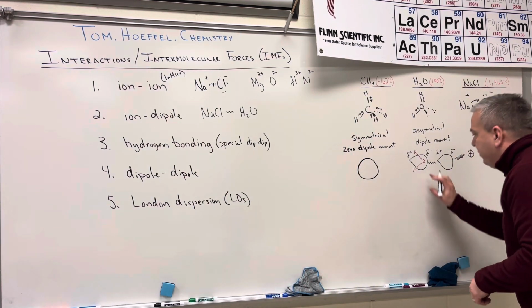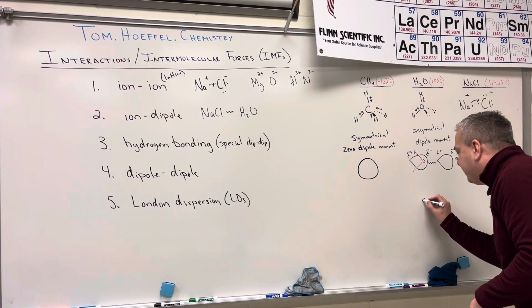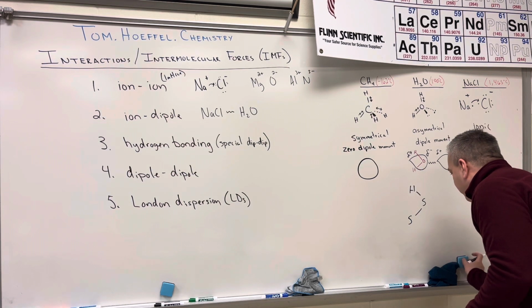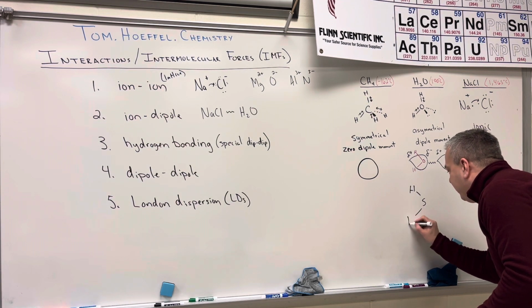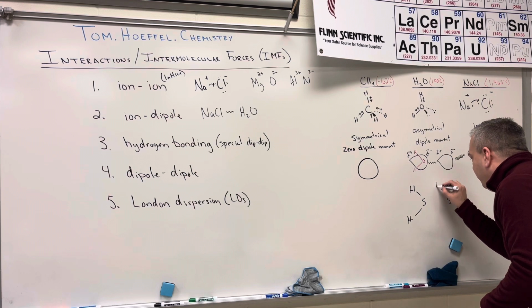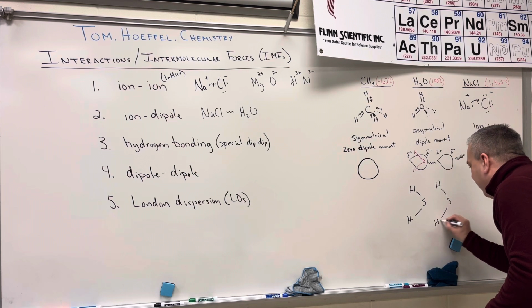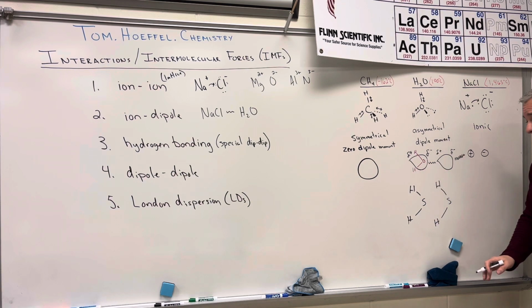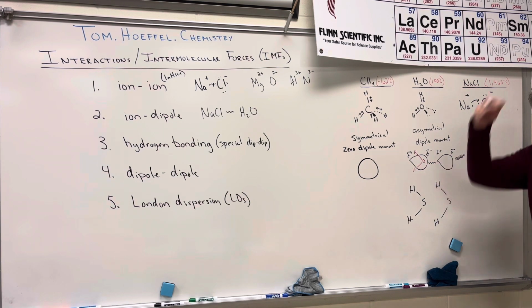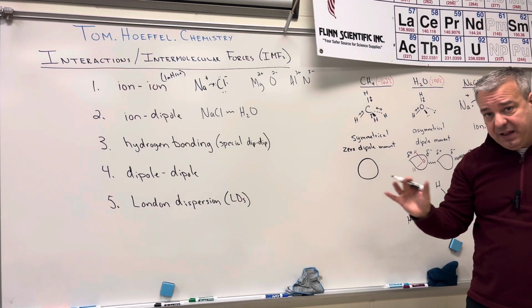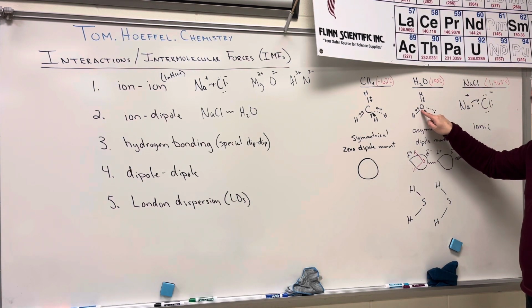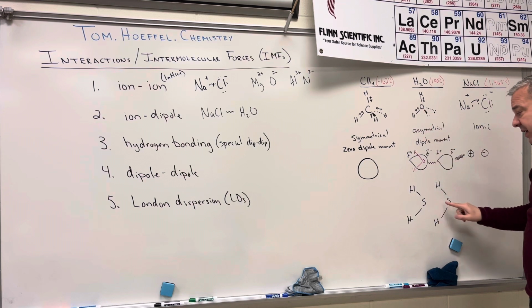I'm going to do H2S instead, because we're going to have that molecule here with this molecule here. Now, H2O and H2S look exactly the same. In fact, S and O are in the same column, so they have the same number of valence electrons and everything. Same geometry. All I'm doing is substituting out the oxygen for sulfur down here.